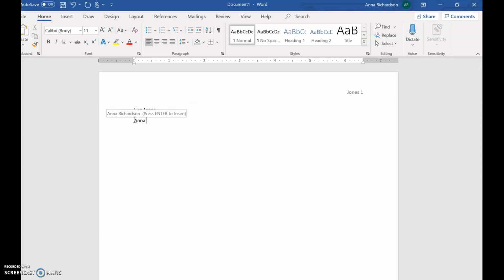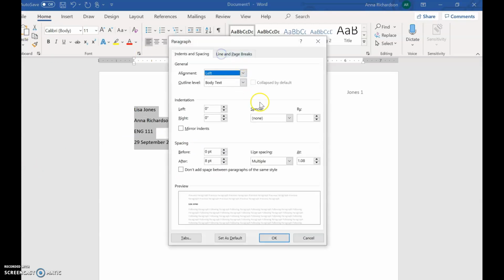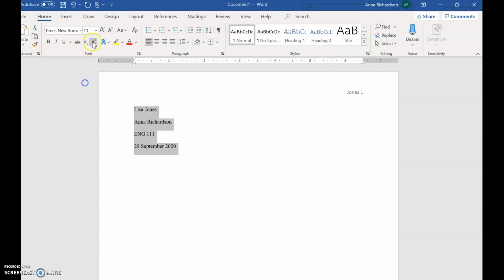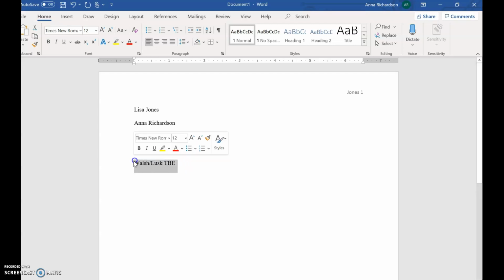I'm going to put my name, I'm going to put my instructor's name, I'm going to put the class, and I'm going to put the day that it's due, whatever day that is. Okay, and then I am going to make sure everything's formatted correctly. I'm going to change that to 0. I'm double spaced. And I am in Times New Roman 12. Okay, I'm going to go ahead and title this Walsh Lusk TBE. You do not have to be creative with a title. I just ask that you have a title because that is an element of MLA. All right, I'm ready to go.